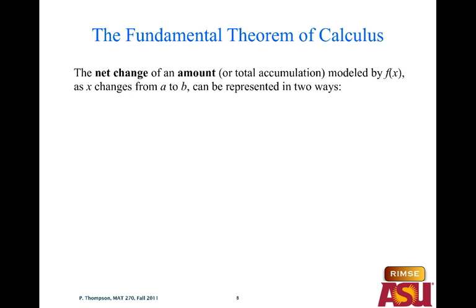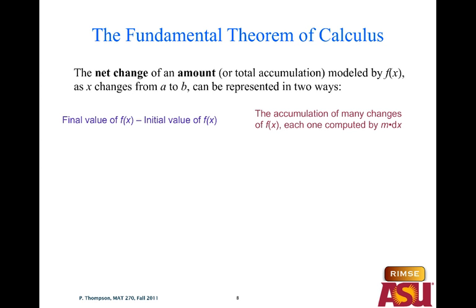The net change of an amount or total accumulation, modeled by F as x changes from A to B, can be represented in two ways. We can do final value of F minus initial, or we can do the accumulation of many changes of F, each one computed by m times dx. What is final value minus initial?